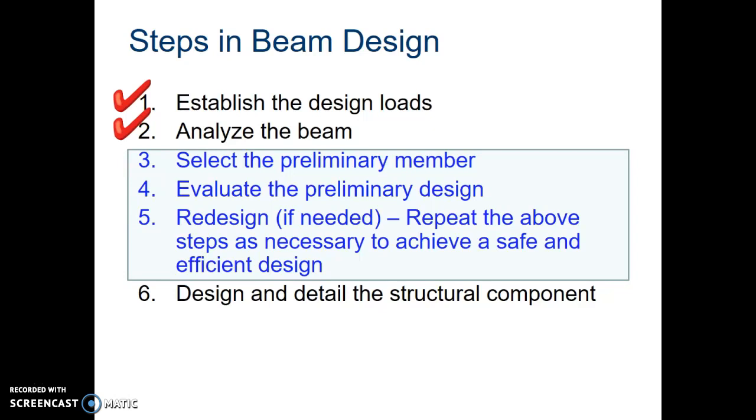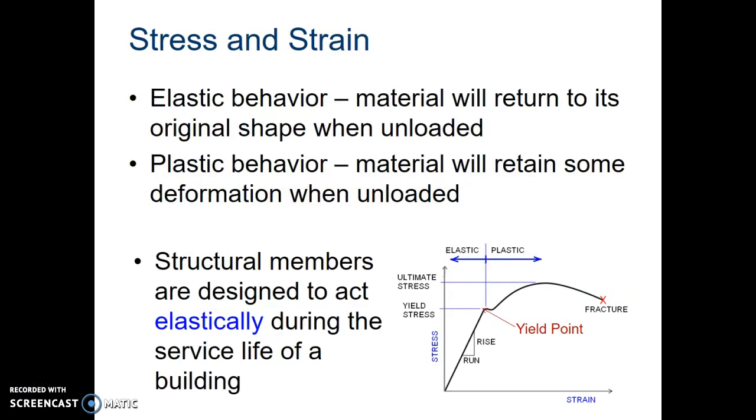You have to remember that you're going to provide adequate bending and shear strength at the least cost when you select the beam. The preliminary member has to then be evaluated to make sure that it's safe and that it is a serviceable design.